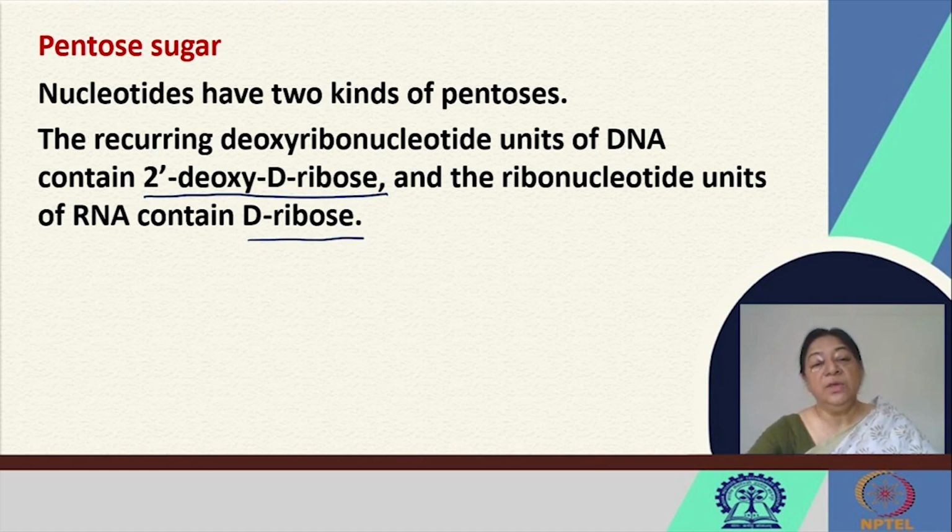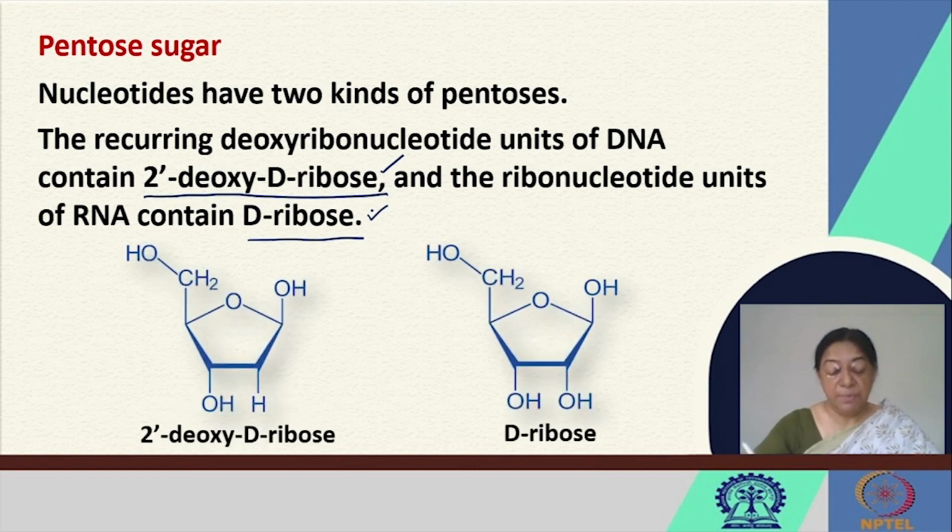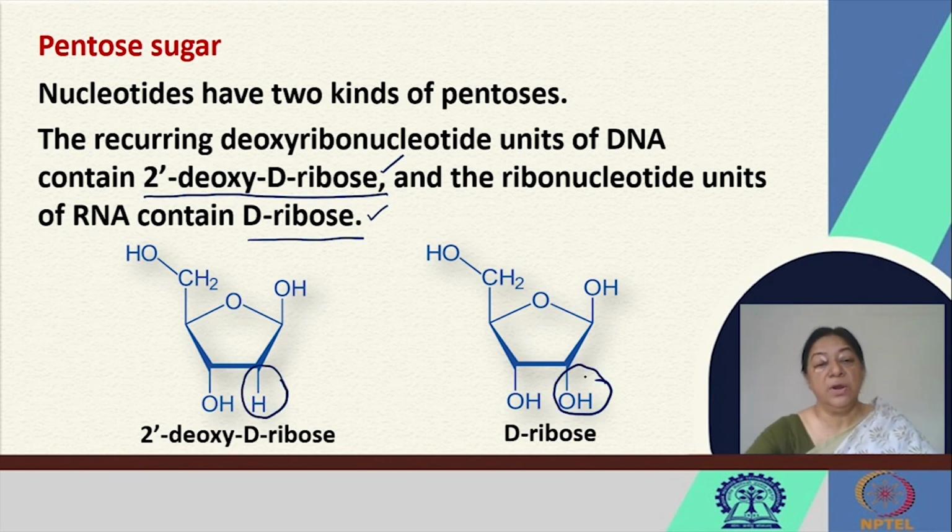So the recurring units of DNA contain this pentose sugar, and those of RNA contain the ribose sugar. This is where we have the difference in the sugar of the two nucleic acids. DNA has the 2'-deoxy D-ribose, and this is D-ribose for the RNA.